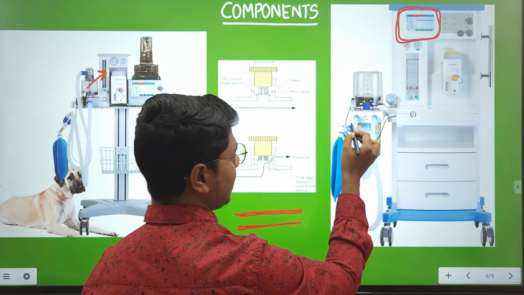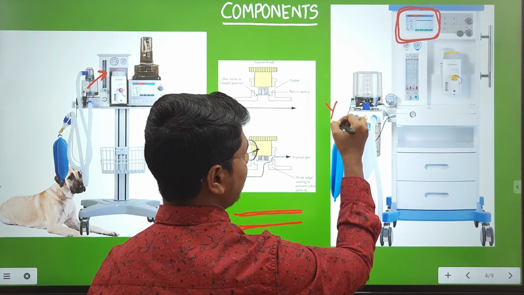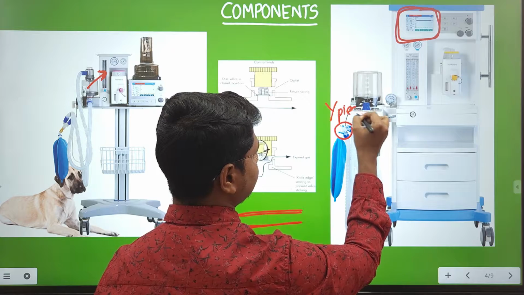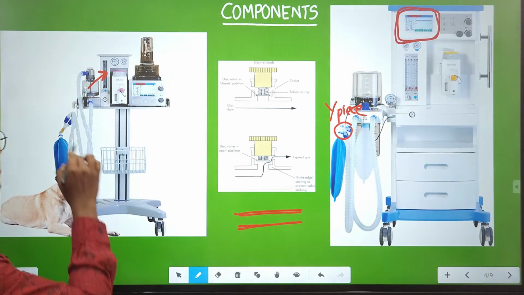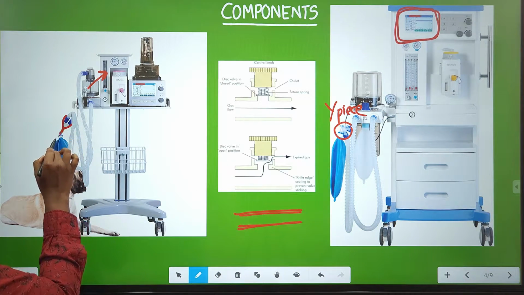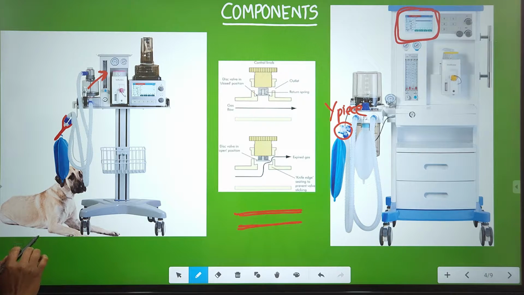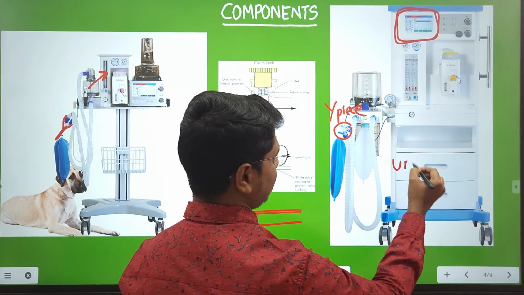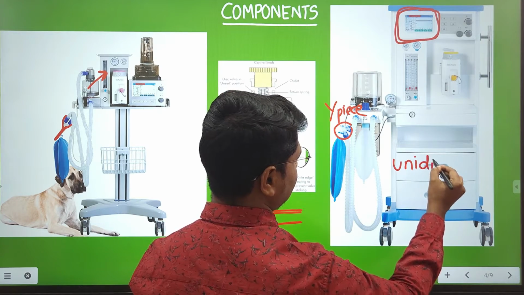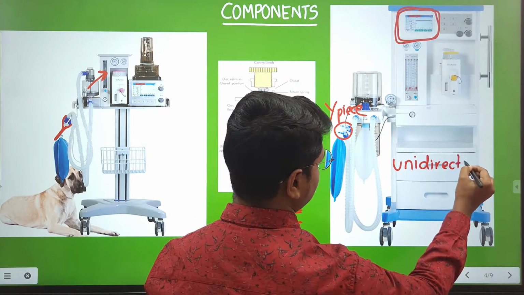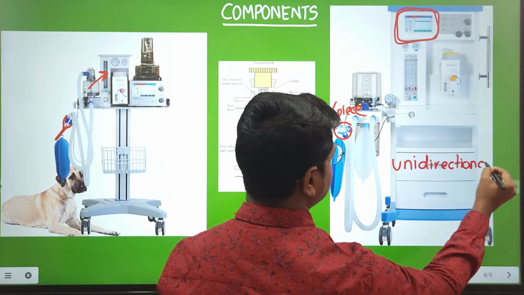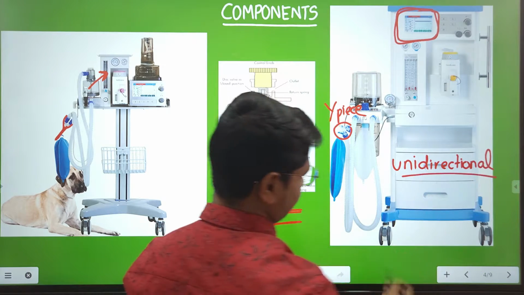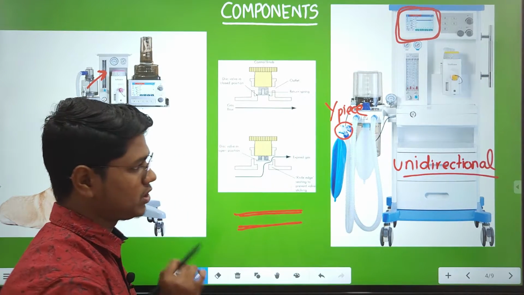There is another part, this Y piece. Here it is very clear, you see this Y piece. Another important one is unidirectional valves. This is very important for the circle system, not in the Mapleson system but in the circle system.